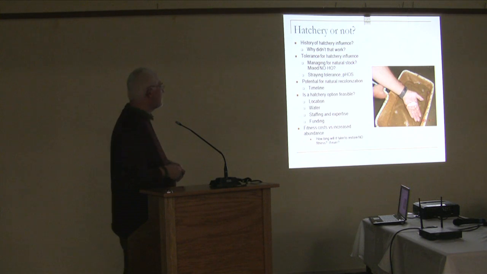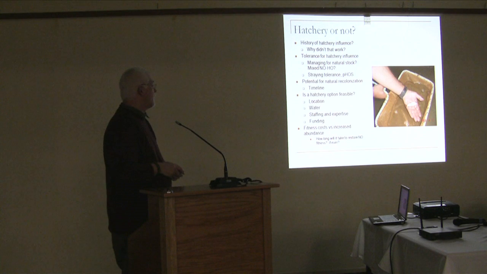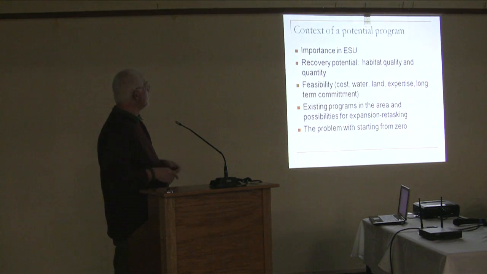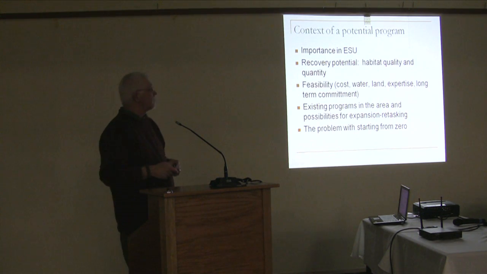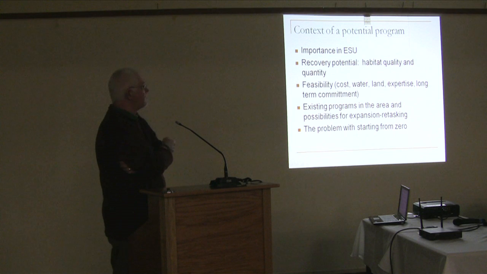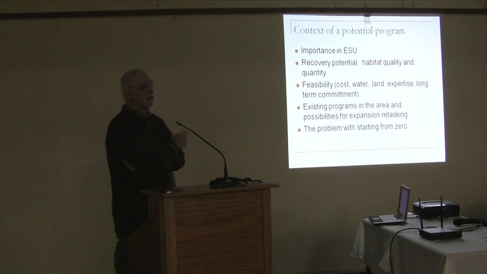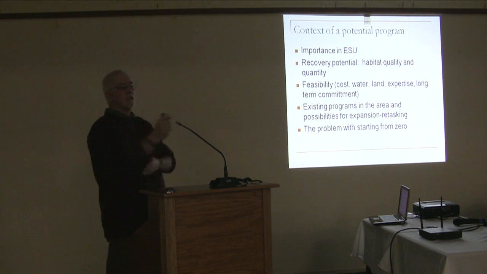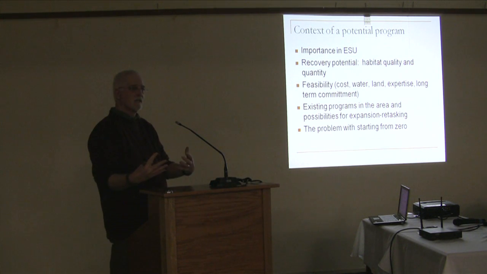Also, you have to think about fitness costs versus increased abundance and how long it'll take to restore natural origin fitness, if ever. The context of the program is important. You have to think about the importance of that stock in the ESU and step back and look at it, because in lots of cases, you're very concerned about your own home watershed, right?